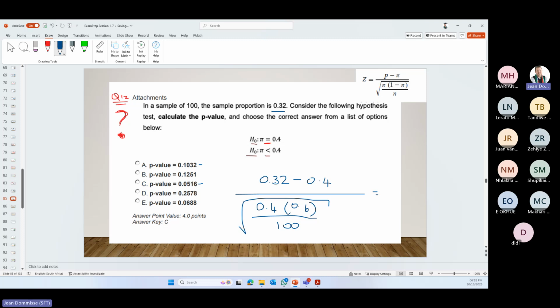So that at least is going to be a negative, minus 0.4. So at the top, minus 0.08. At the bottom, 0.4 times 0.6 is 0.24 divided by 100, 0.0024, square root of that, 0.049.